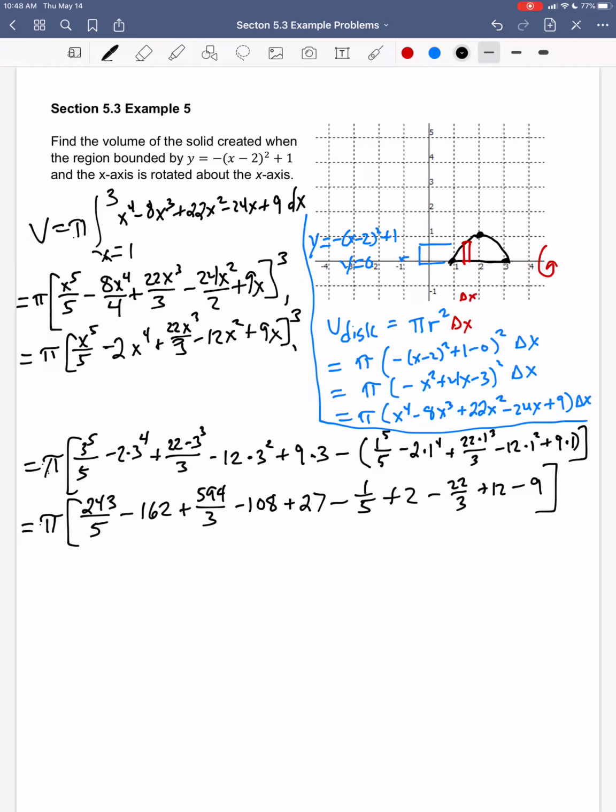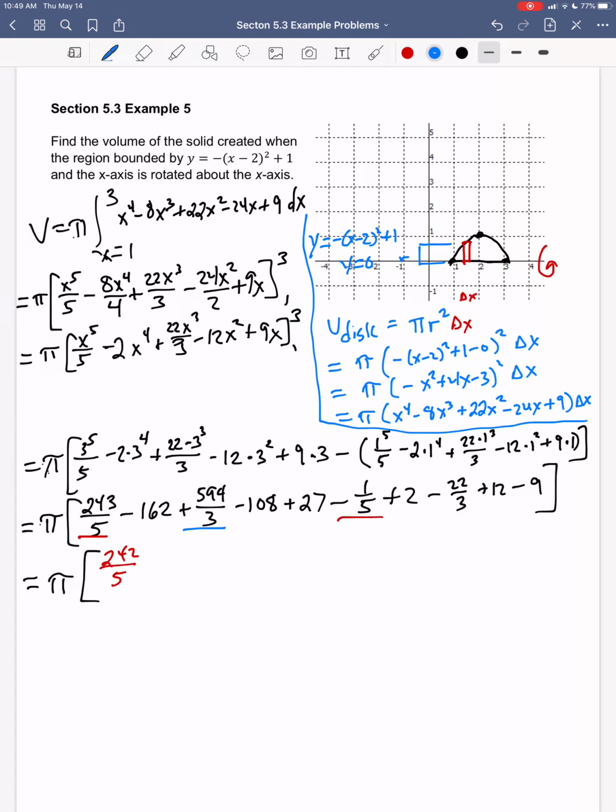All right, so what do we have here? You've got a lot of choices as far as how you approach this. I'll go ahead and put like denominators together right now. So 243 over 5 minus 1 over 5 would be 242 over 5.